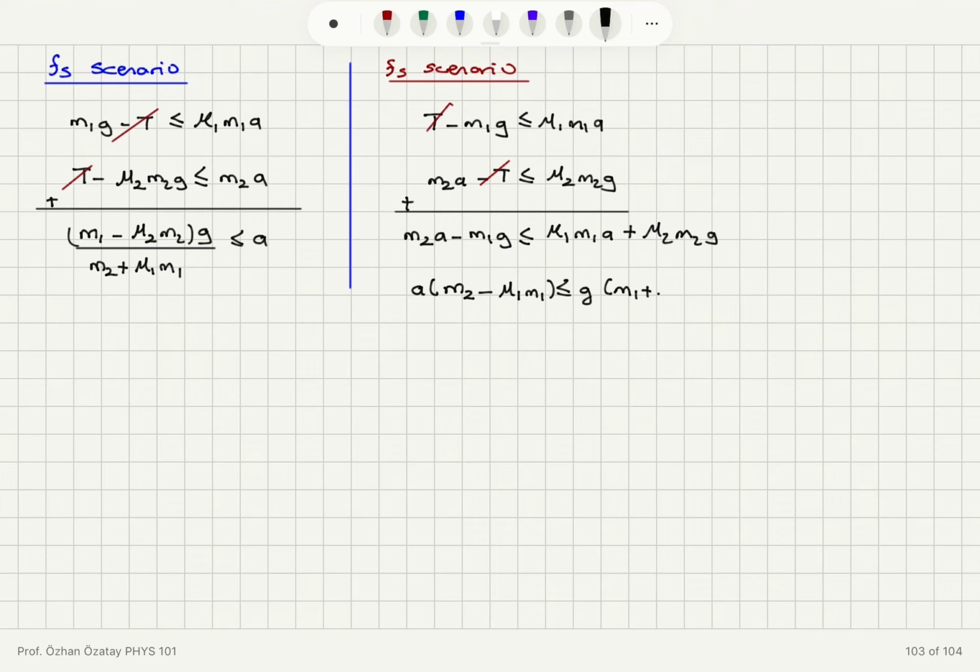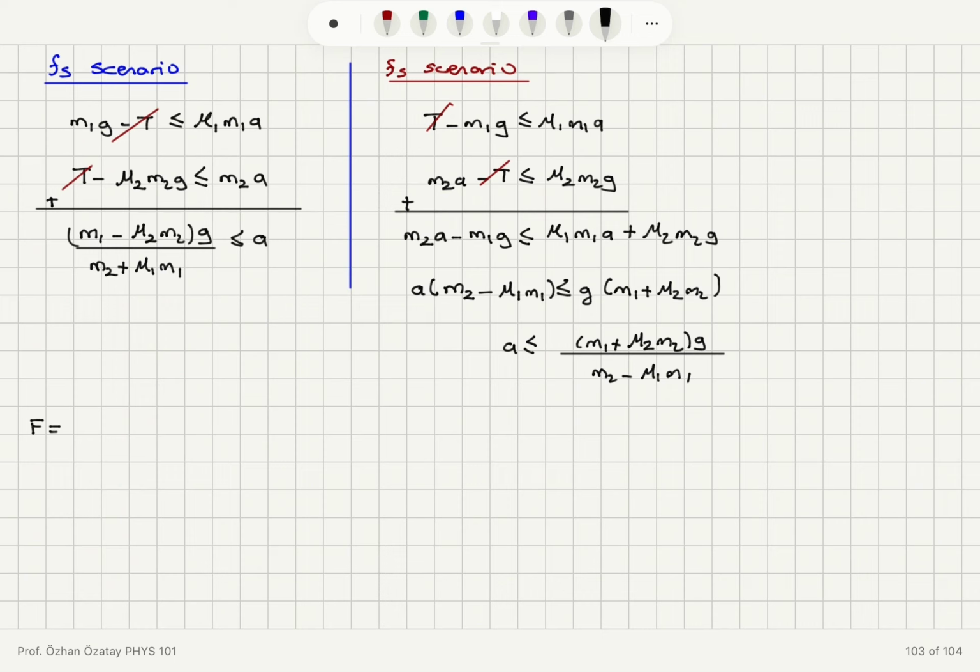So that means the acceleration is less or equal to (M1 plus mu2 M2) times G divided by (M2 minus mu1 M1).